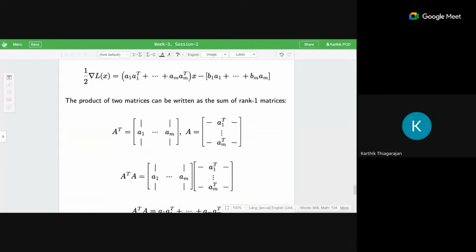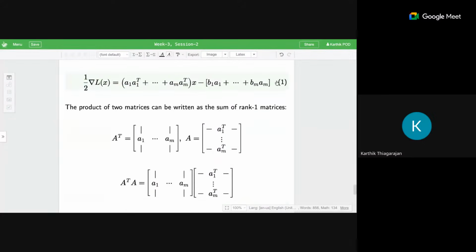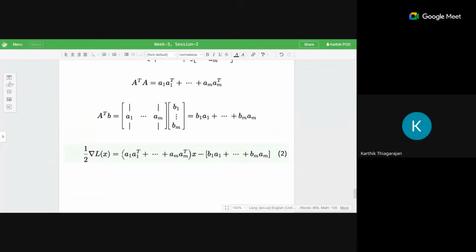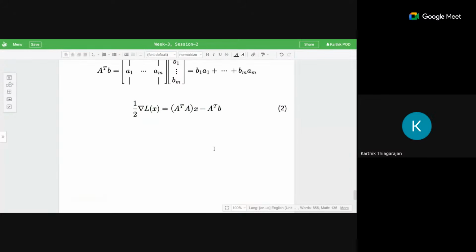What you see here is the same thing. So now this whole equation, I can just replace this with A transpose A, and I can replace this with A transpose B, right? Are you with me so far? Is it somewhat clear?